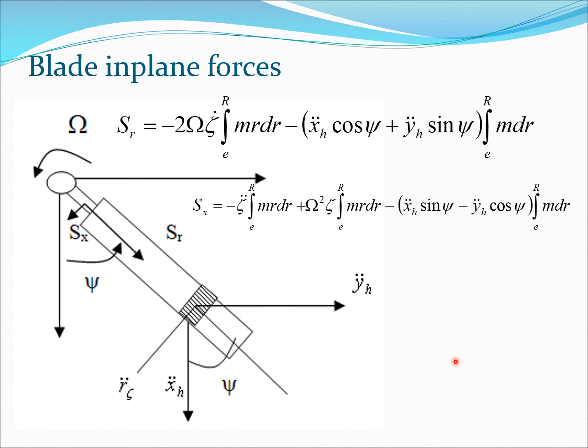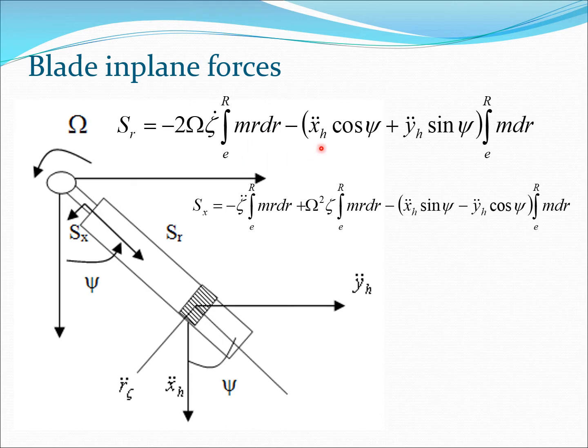Now, to calculate H and Y, we have to figure out what forces are acting at the blade section. So let's take a blade section here, and try to figure out what the SR and SX forces are at this section. Let's look at SR first. Of course SR is going to have one component purely from the lag motion, the lag Coriolis component.